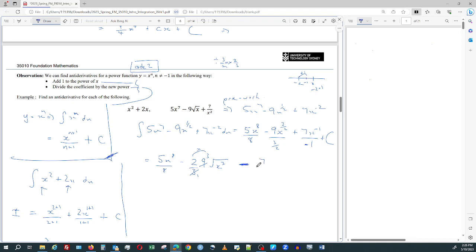There's 7 on the top, and the x to the minus 1 means it goes down the bottom. So our final little thing is 5x to the 8 over 8, 2 3s are 6, minus 7 on x plus c. So that's your final answer for integration, up and under.